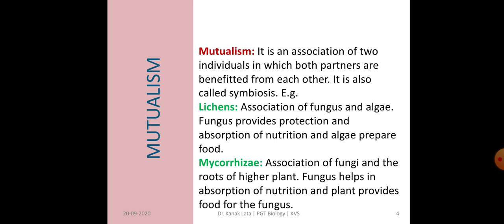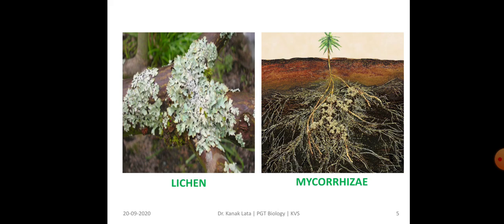Next one is mycorrhizae. Mycorrhizae is an association of fungi and the roots of higher plants. Here, the plant provides food for the fungus, being heterotrophs, whereas the fungus helps in absorption of nutrition. In the figure, you may visualize lichen as well as mycorrhiza.